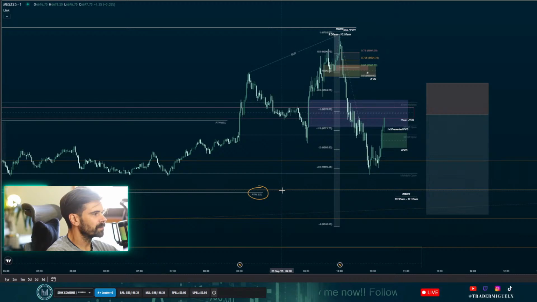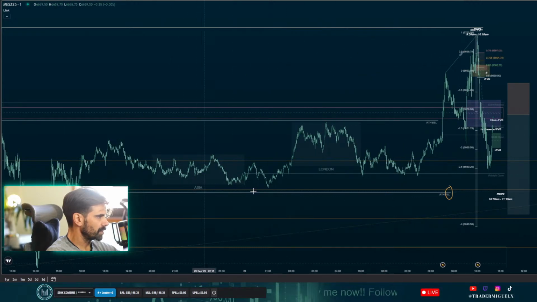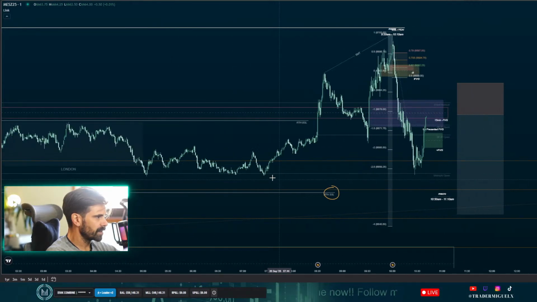So at this point, we have an SMT in between ES and NQ, which is right here. Yeah, NQ took all this liquidity out and ES was not able to do it.